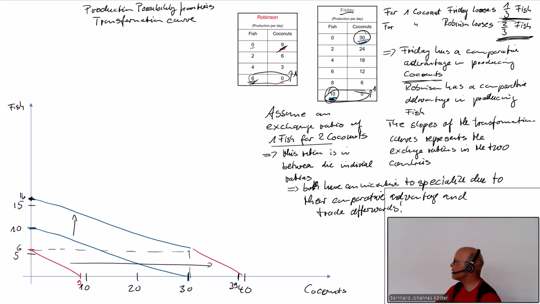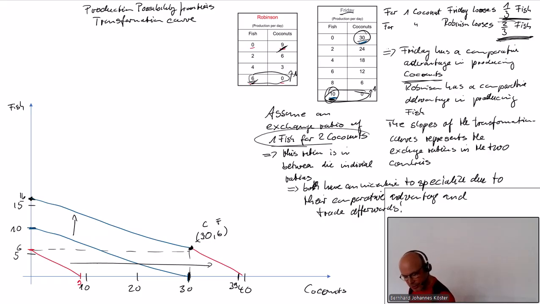So and now let's look. The specialization point is just this point here. Friday produces this 30 coconuts and Robinson is producing 6 fish. This is the point 36 coconuts and fish. Now let's take within this point this exchange ratio.